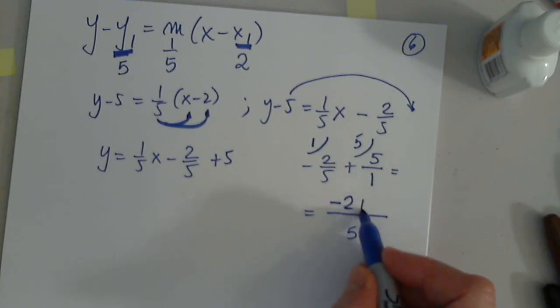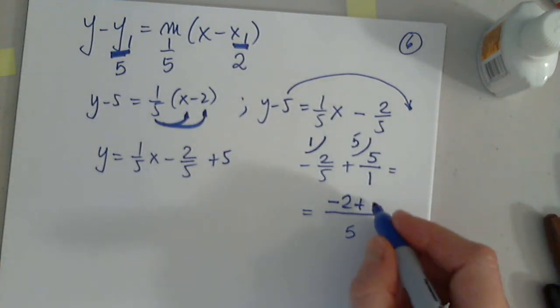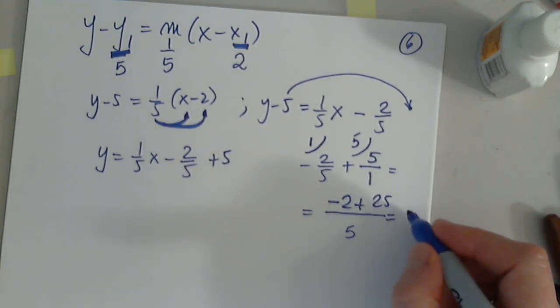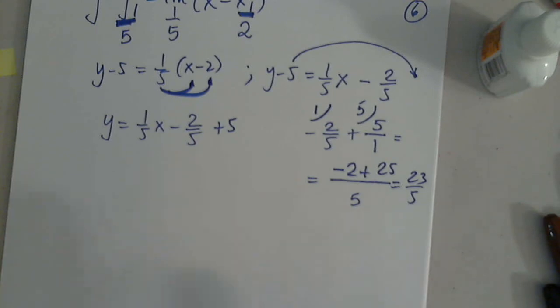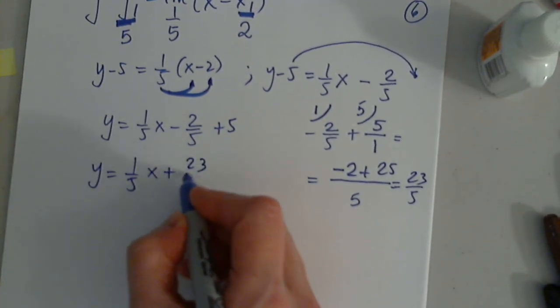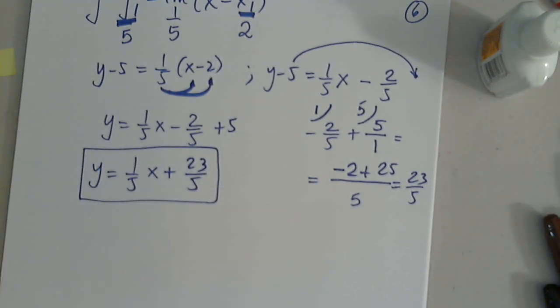Plus 5 times 5 is 25. Good. And the answer is 23 over 5. So I hope that everyone understands this and we don't have to go back to it. Any questions?